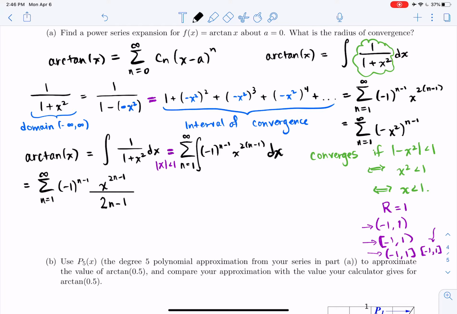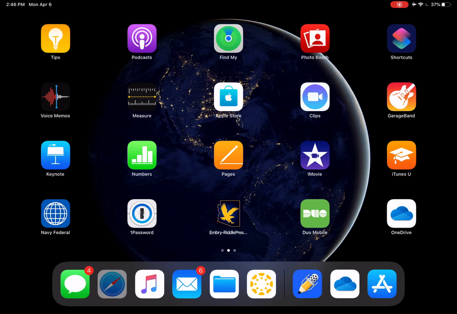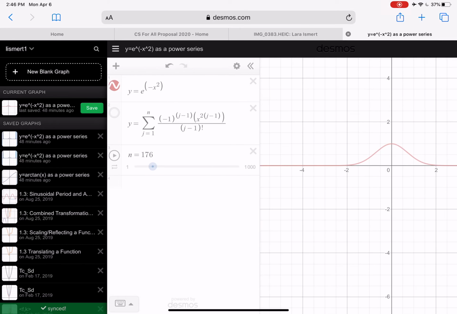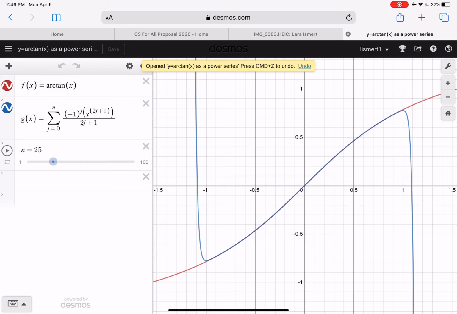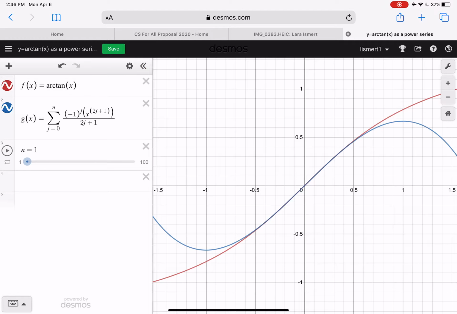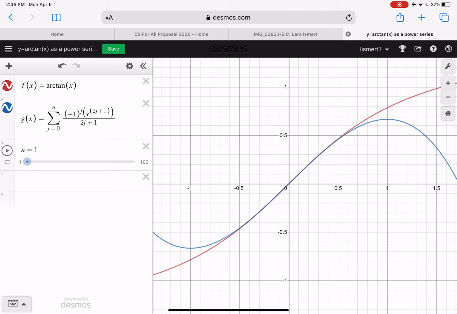And now I'm going to go to my little Desmos demonstration here, just so you can see. On the left, g of x is exactly the power series we just derived. Arctan is the red graph, and g of x is the blue graph. As we increase n, you can see that it fits arctan tighter and tighter, only for x values between -1 and 1.